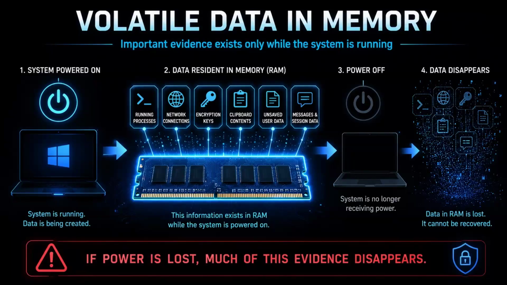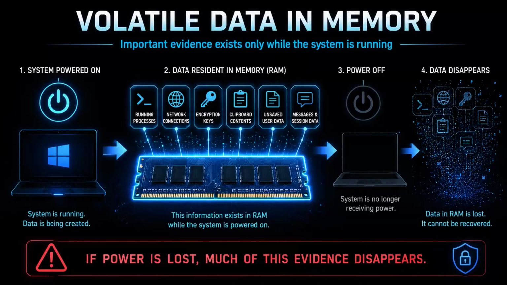So we should know at this point in our studies, if power is lost to the computer system, much of the information being held in memory is lost. The running joke, right? Have you tried restarting the computer? Often we do that in order to clear corrupted elements out of the memory. It gives the system a fresh start to go through.